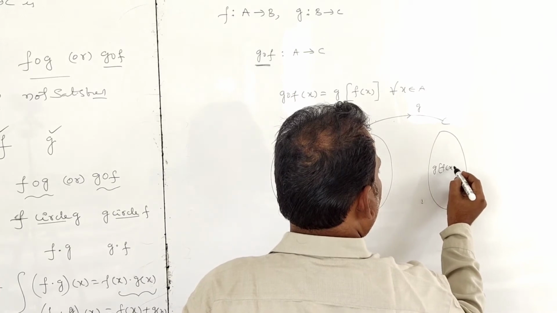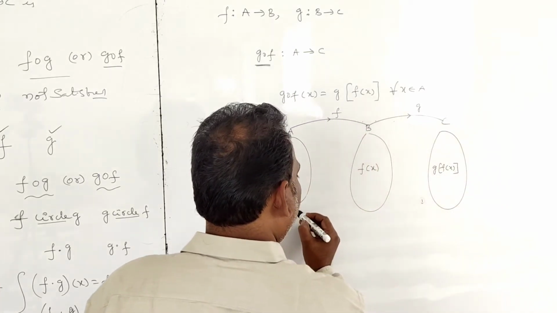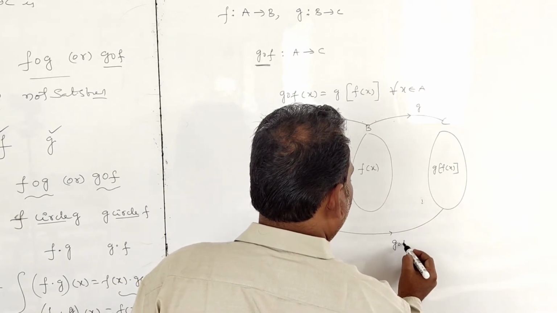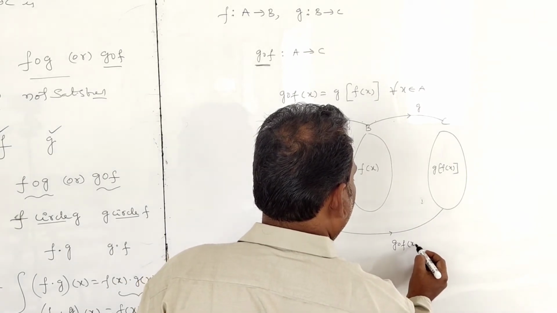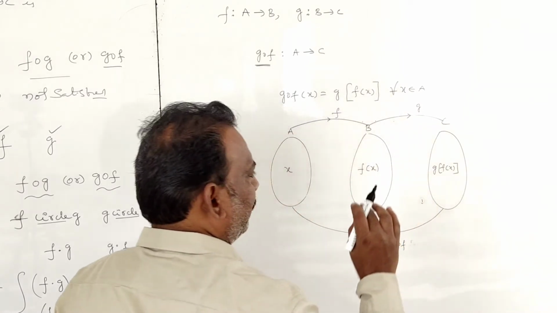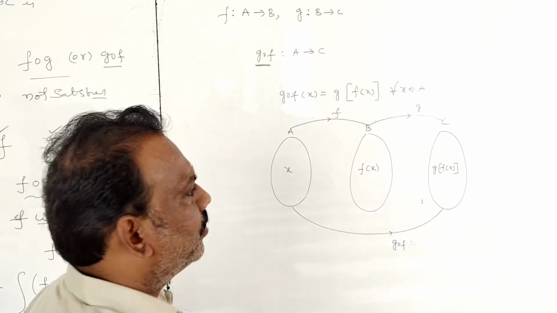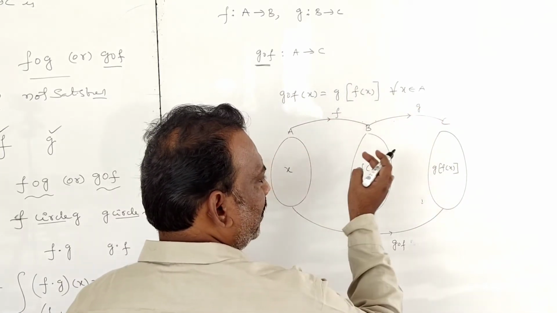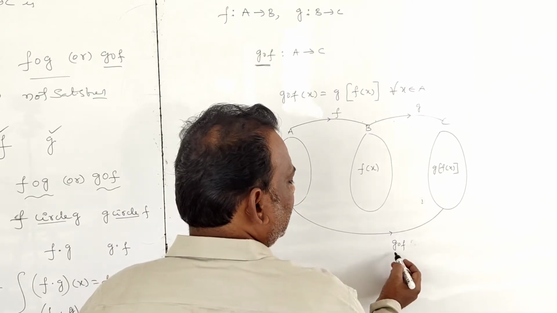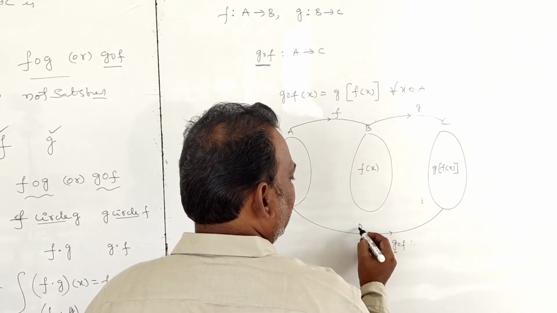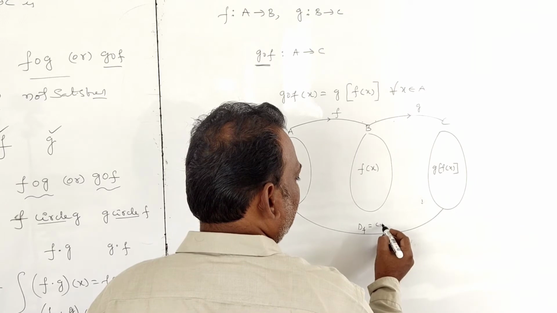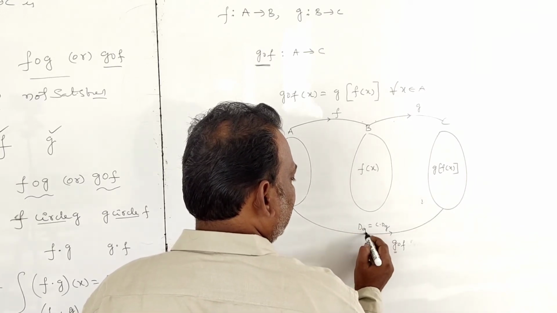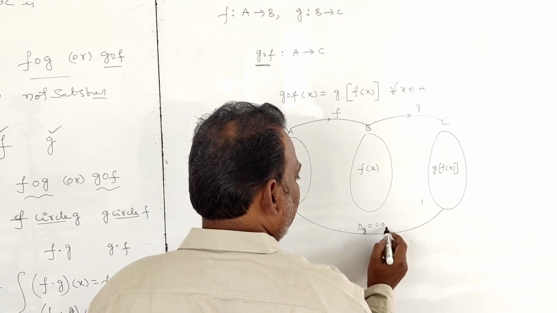So this is G circle F of X. This function is always called G circle F of X or G circle F. So remember students, don't write F circle G. You will get it in reverse order, G circle F. G circle F means domain of F is equal to codomain of G. Sorry, domain of G is equal to codomain of F.